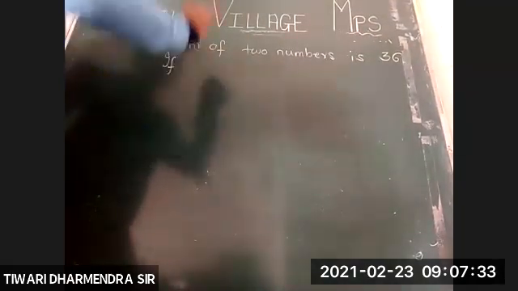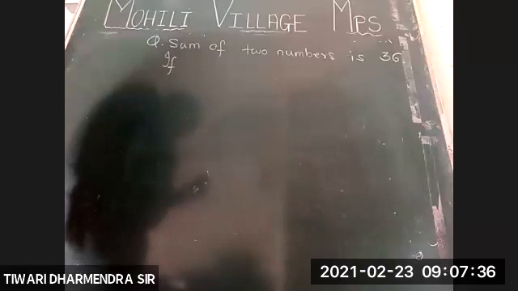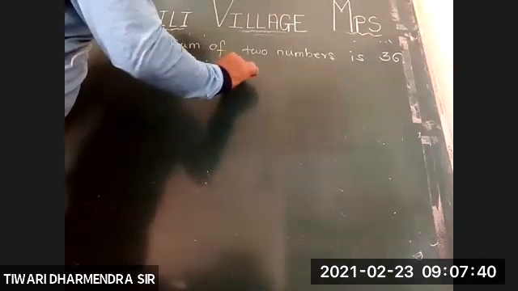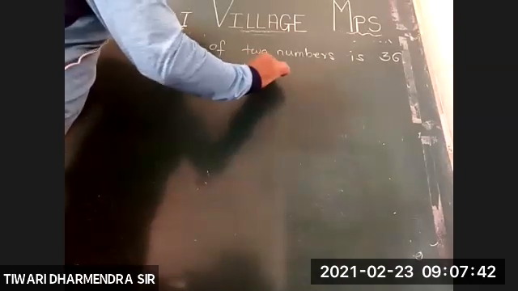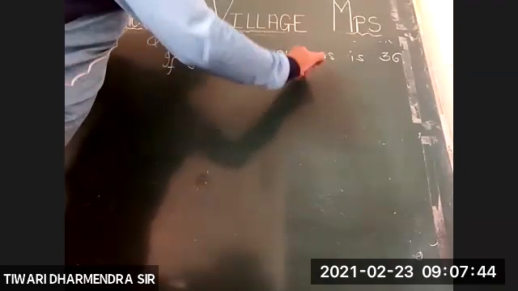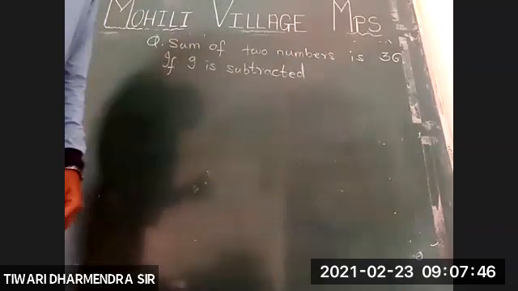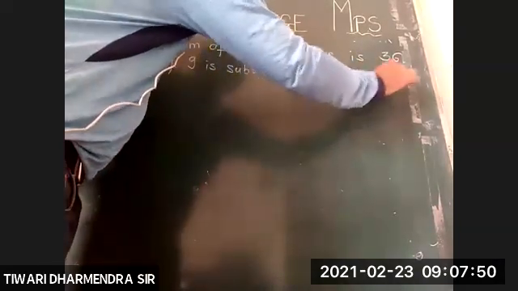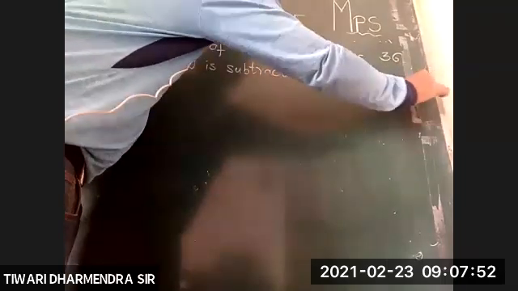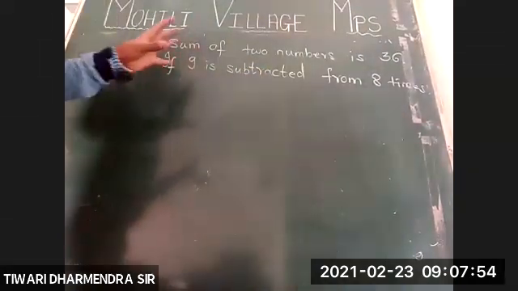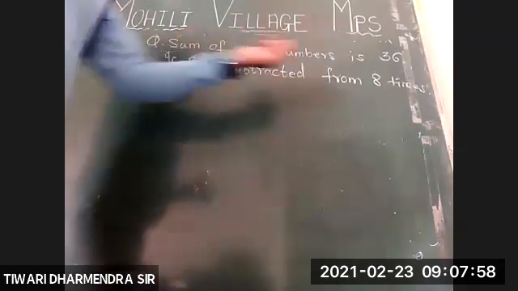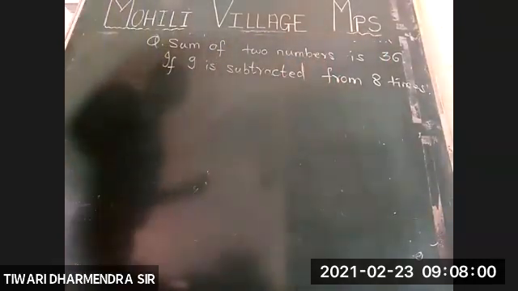If 9 is subtracted from 8 times the first number, we get the second number. Find the numbers. Times means multiplication. Just remember, these are the terms that they use regularly in word problems: sum, times, difference.